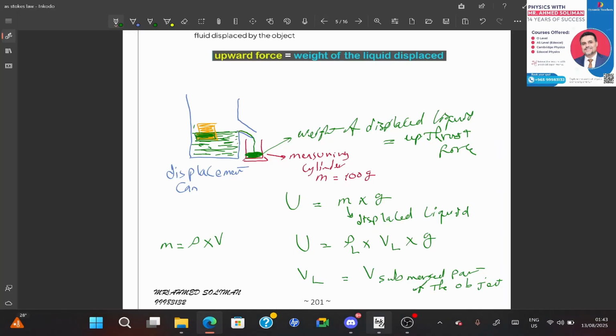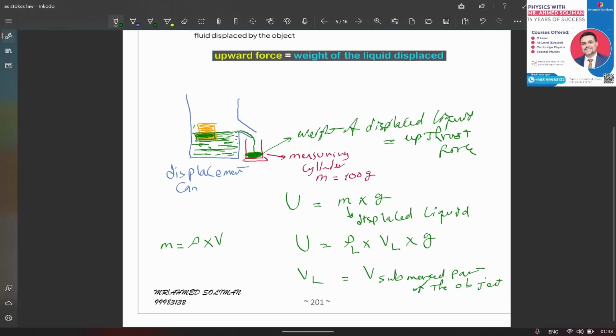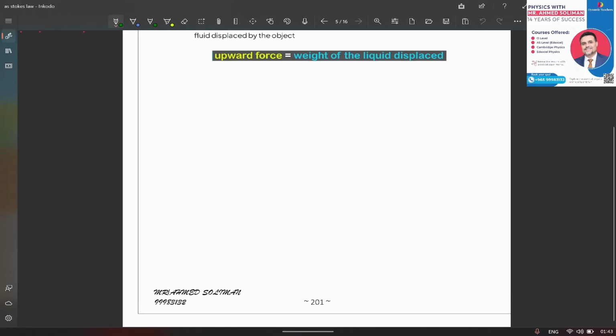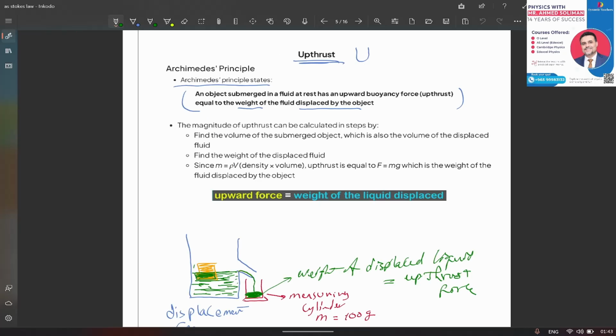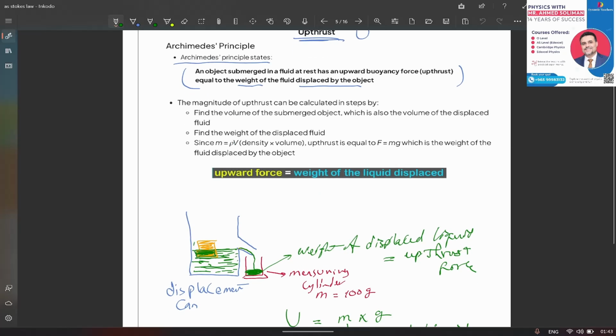So in fact, we have three cases now. What are these? First, we should know that the upward force, which is upthrust, U, equals the weight of the liquid displaced. And as I said, weight equals mass multiplied by g.